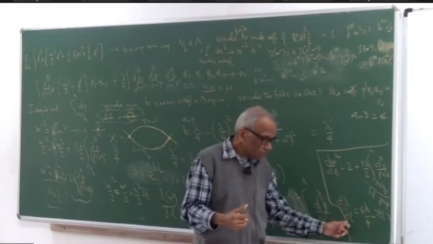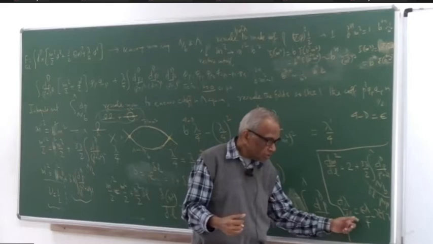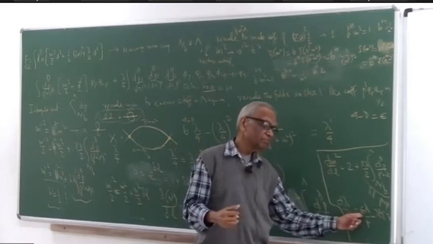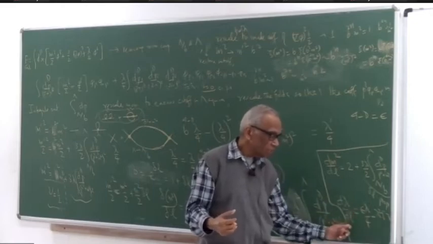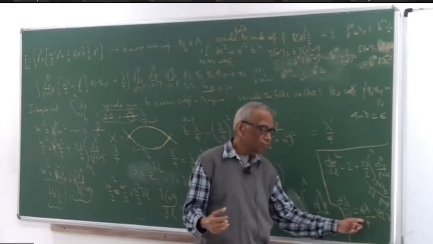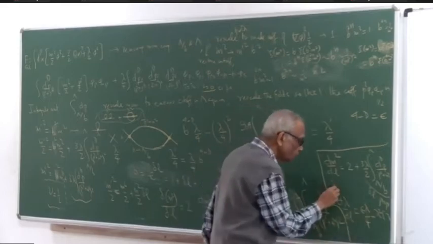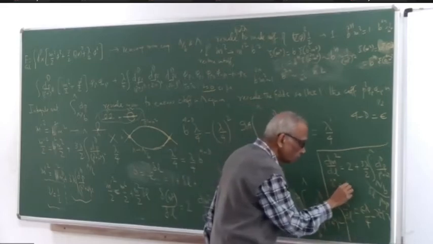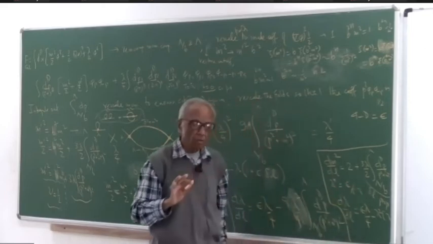This chap over here, d lambda dl, has the potential for reaching a fixed point, because the first term is positive and the next term is negative. The fixed point lambda star is epsilon divided by something or other. Correct?